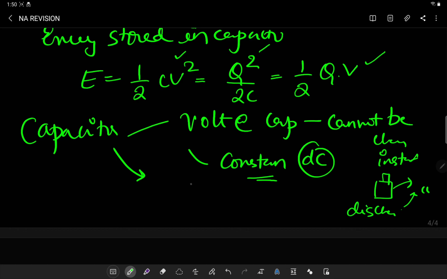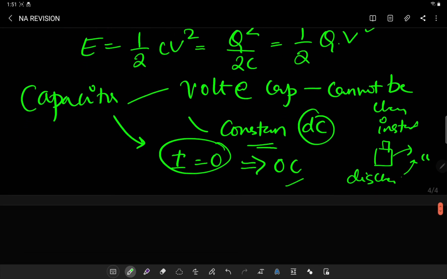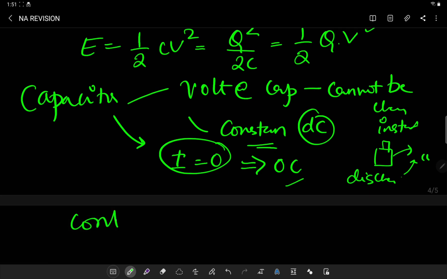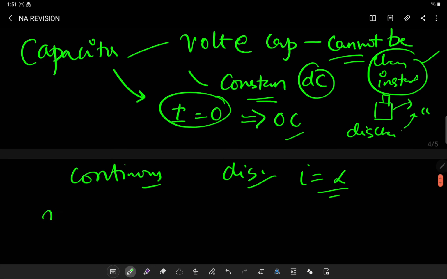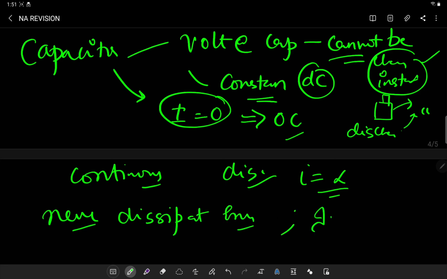So the current can be zero and then the capacitor acts as an open circuit. So the voltage across a capacitor must be continuous in nature. If it is discontinuous, then i is infinity. So voltage across a capacitor cannot be changing instantaneously. So a capacitor would never dissipate energy, and it only stores energy.